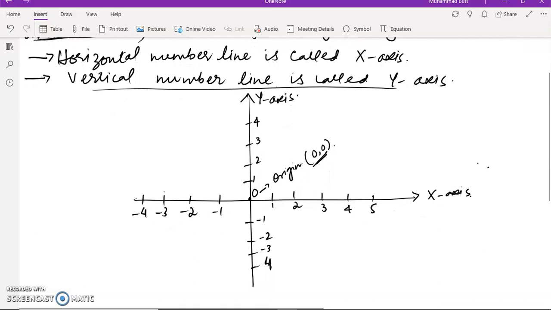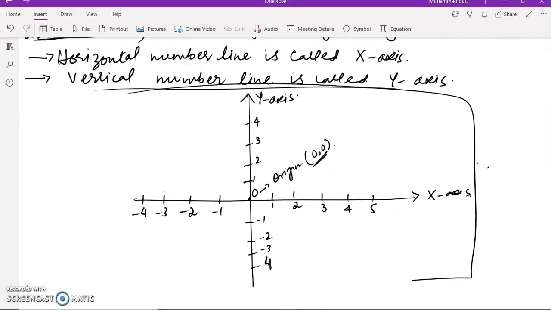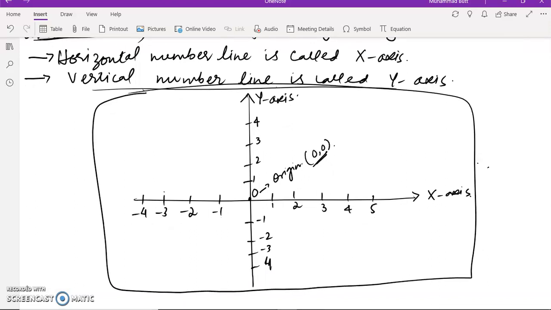This plane is called the Cartesian plane. It was discovered by a scientist, and his name was Descartes. After his name, this plane is called the Cartesian plane.